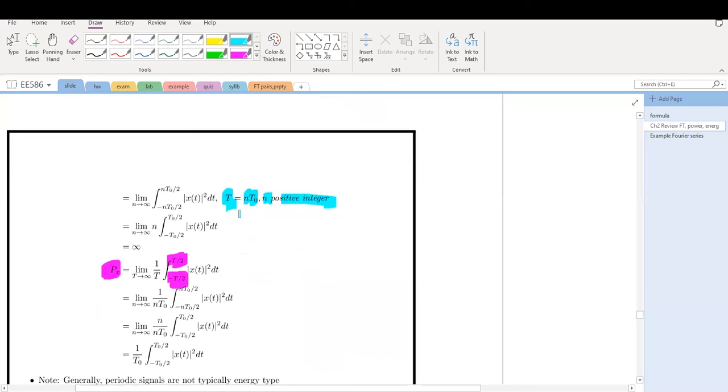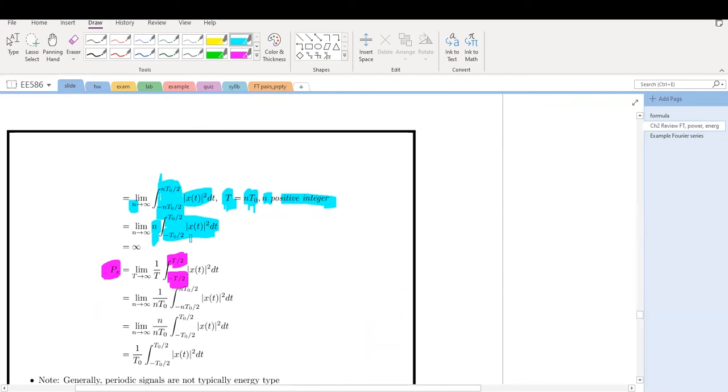So now if I plug in big T equals n T naught here, t going to infinity really is n going to infinity. After a little organization, we take this as n periods. We really integrate this signal over n periods. So I take n out. Now I take a one-period integral.